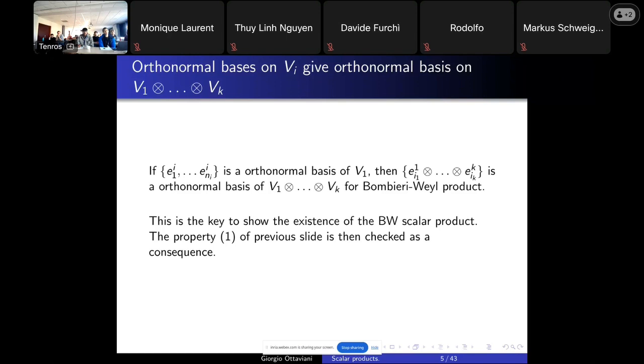Well, and the name Bombieri-Weil indeed is maybe not enough justified in this context. There are many other names people call it: L2, in the sense of the LP space in L2, Hilbert, maybe Euclidean, some people call it Frobenius, but be patient. In a few slides you will see that this requirement will create some less boring and more interesting situation.